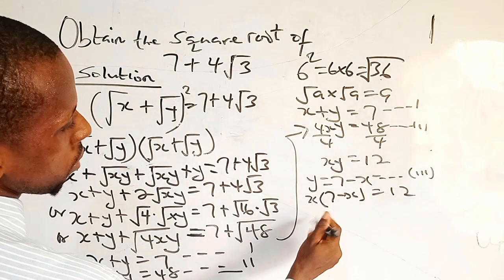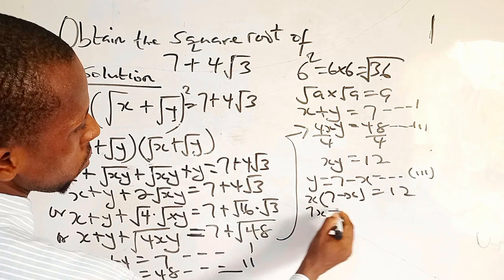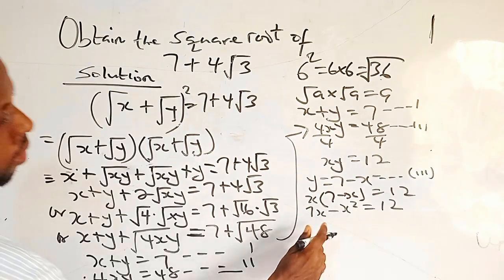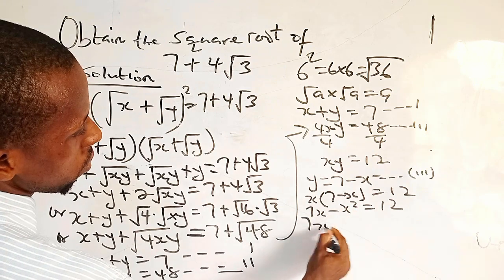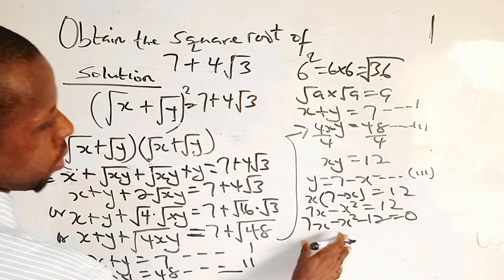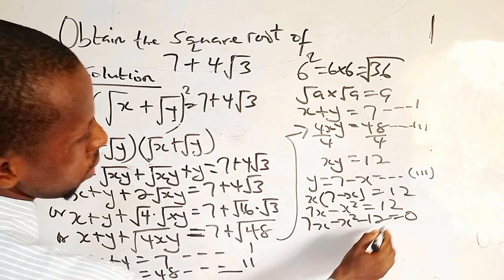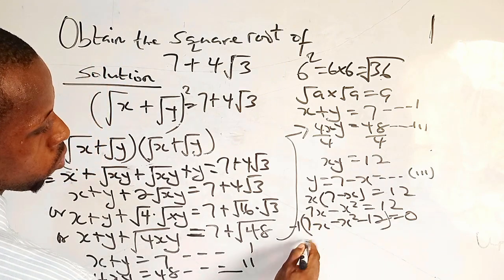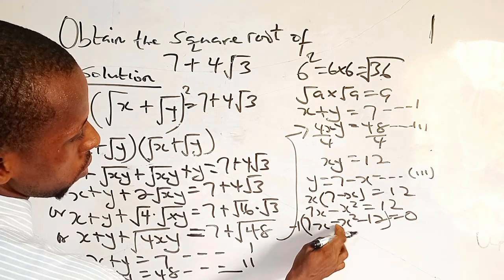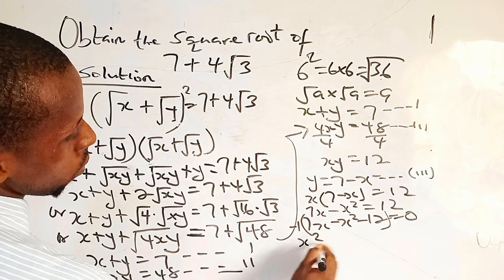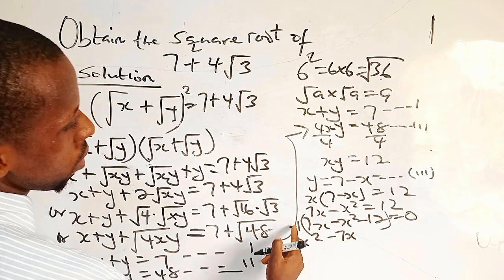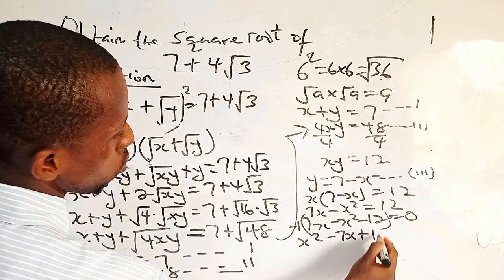When I open up, I have 7x minus x squared equals 12. So 7x minus x squared minus 12 equals 0. To write this properly I multiply everything by minus 1, giving x squared minus 7x plus 12 equals 0.